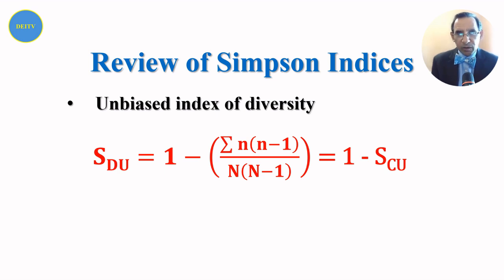Once you sum up all of those products, you're going to divide that by the total number of individuals in the organization times the total number of individuals in the organization minus 1. You're going to get that whole product and subtract that from 1. That gives you the unbiased Simpson diversity score. The easier way of saying it is 1 minus the Simpson concentration score.